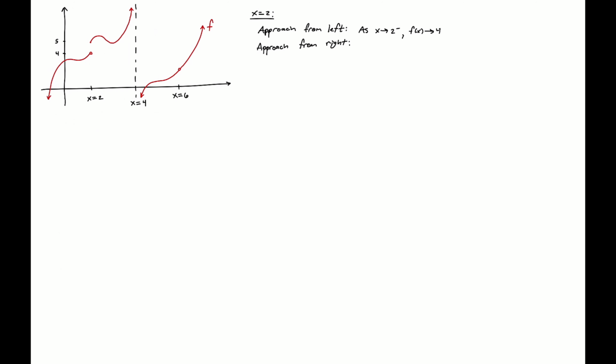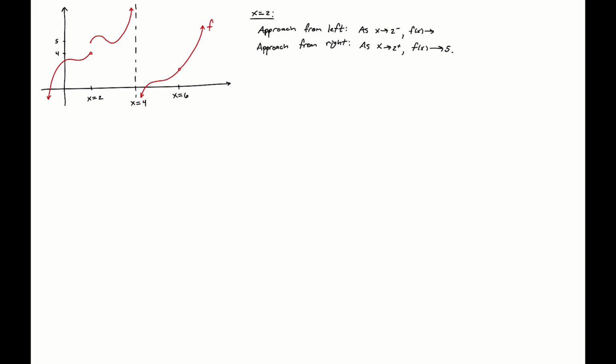Similarly, if we look at from the right, so working our way this way along the x-axis, then we move along the graph in this direction, and we are approaching a value of 5. So we'll write it as x approaches 2, and this time we'll put a plus sign to denote that we're working our way towards 2 with values bigger than 2. Then f of x approaches a value of 5.